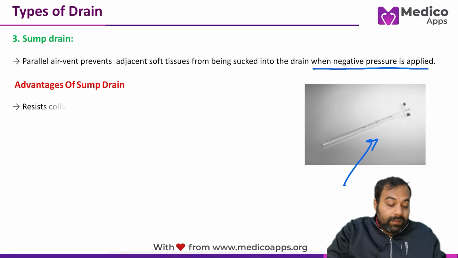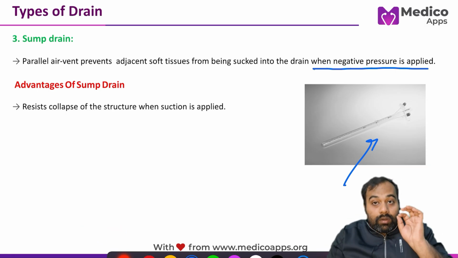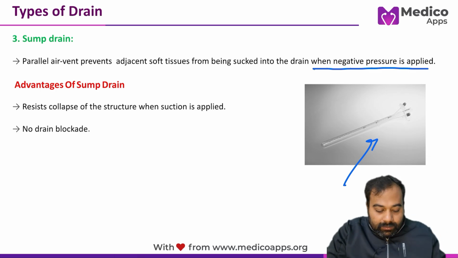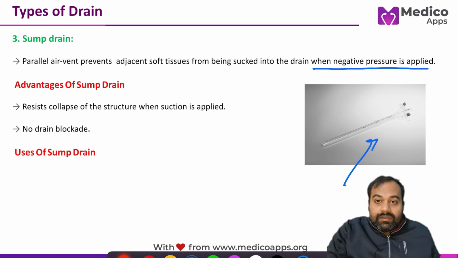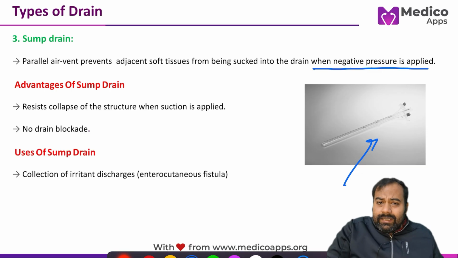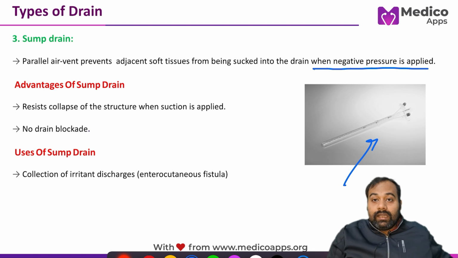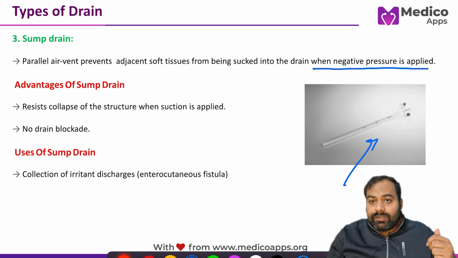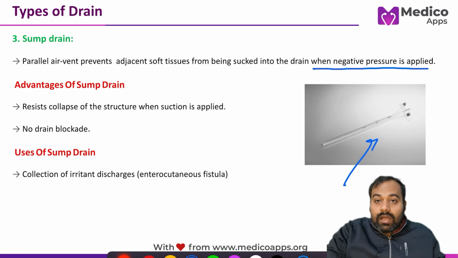So the advantages we get from here: number one, it resists the collapse of the drain. Also, it resists the blockage of the drain. These are the two important advantages of using the sump drain. Basically, it is used to collect irritant material like pancreatic collection or sometimes small intestinal collection, to drain an enterocutaneous fistula or pancreatic fistula.